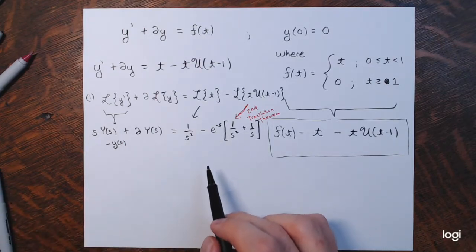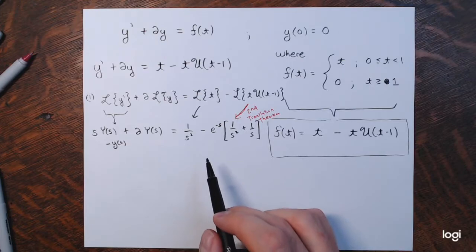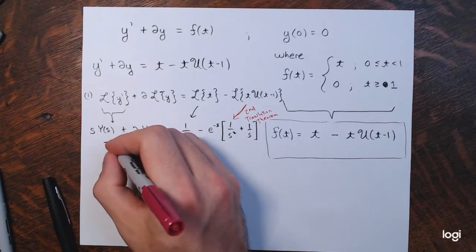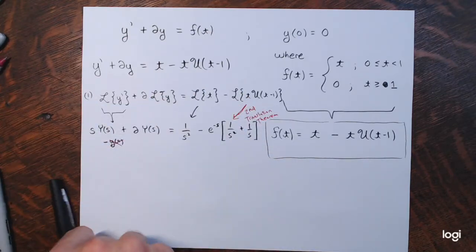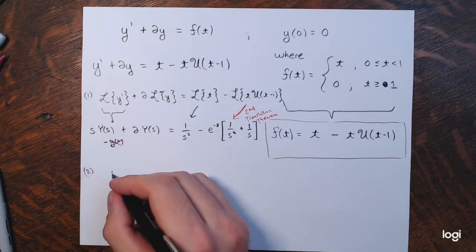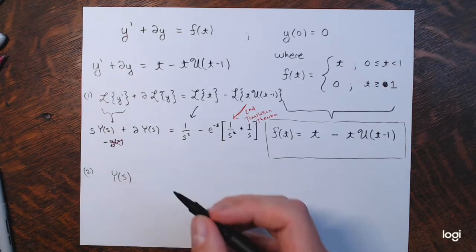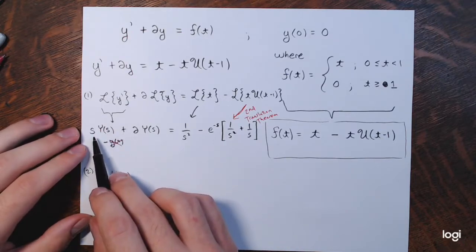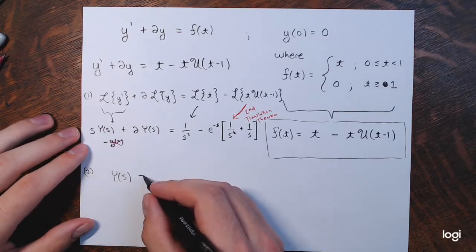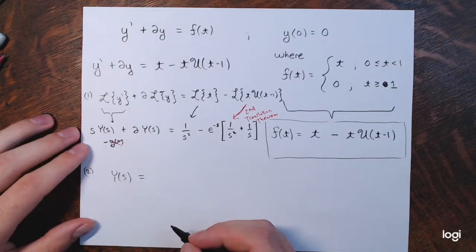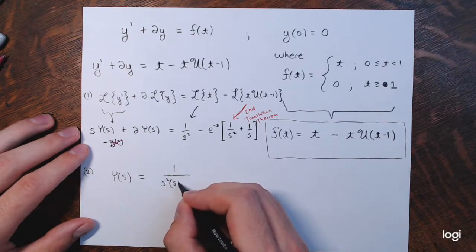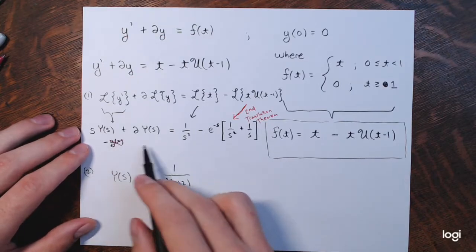So now let's do some things here. Now this is 0, right? Y of 0 is 0. Then we solve for Y of s. So second part, solve for Y of s. If I pull Y of s out, that'd be s plus 2. So this will be 1 over s squared times s plus 2, just dividing through by s plus 2.